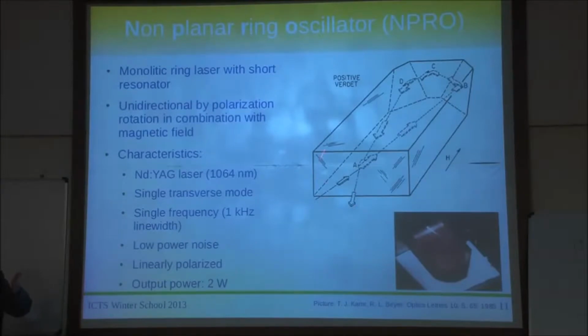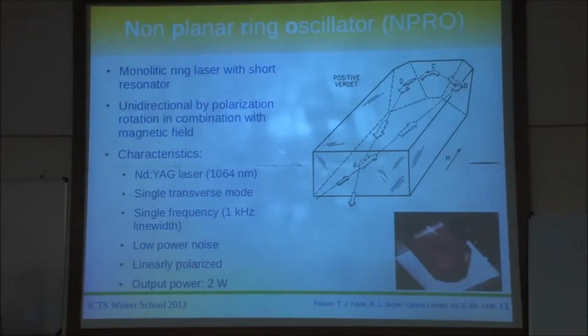For the other direction, it adds up. So you make this tilt a bit stronger. And because this surface here is coated for a certain polarization, one of these directions sees high losses, so that's not really amplified. So the other direction is the one which gets all the gain. So that's why this thing is unidirectional.